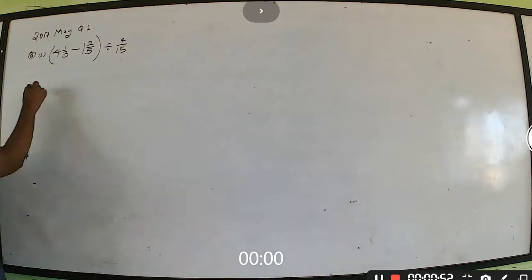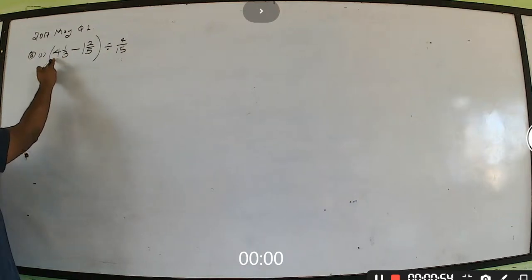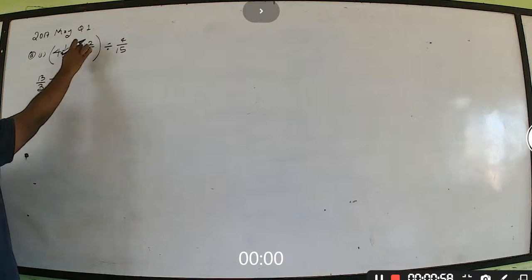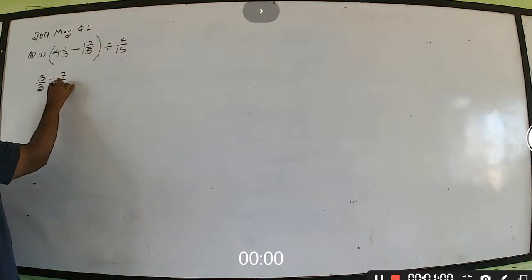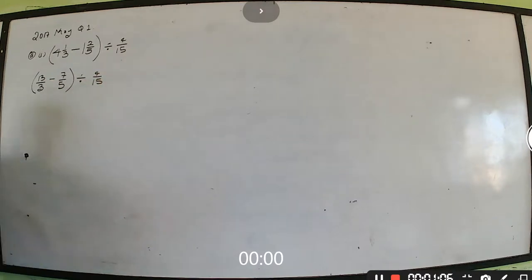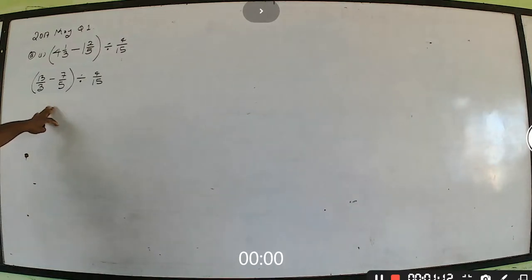So I would have 3 fours 12 and 1 over 3, which is 13 over 3; 5 ones 5 and 2, which is 7 over 5. Divide by 4/15. If I'm adding or subtracting fractions and the denominators are different, I must find the LCM.